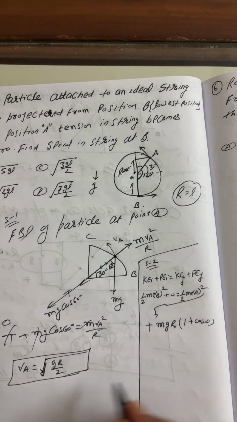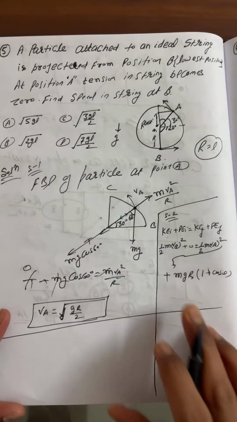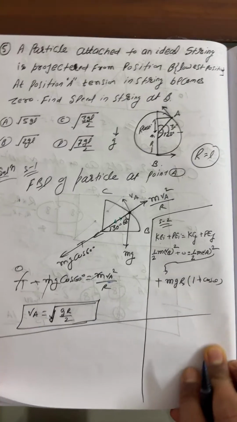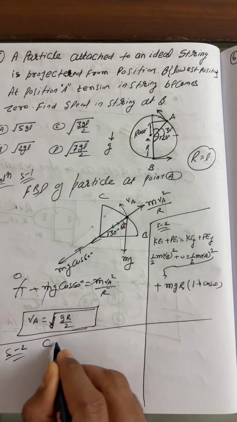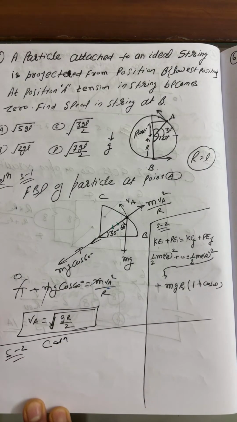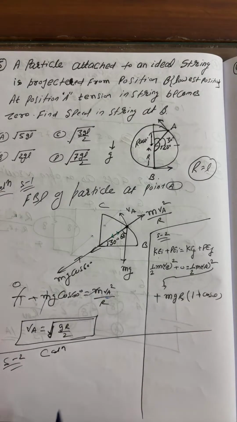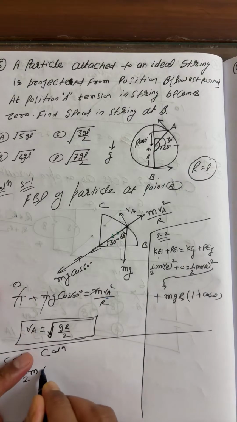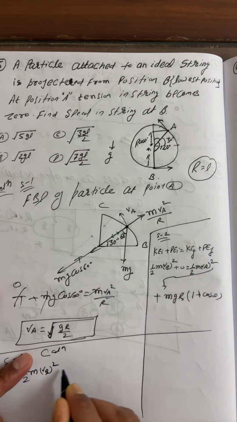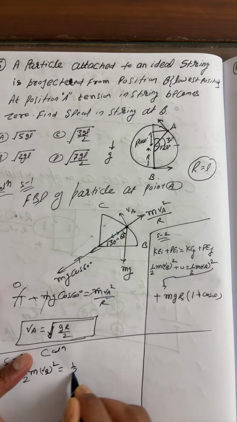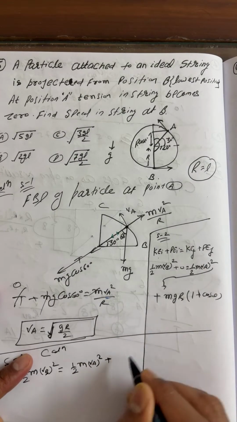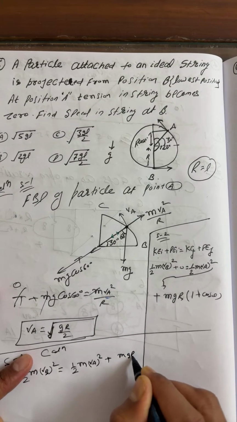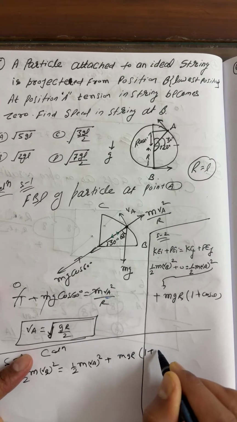Now here is less space, so I'll solve this question over here. Step 2 calculations. Listen here. Now this is half m V square equals half m VA square plus mgR (1 plus cos 60).